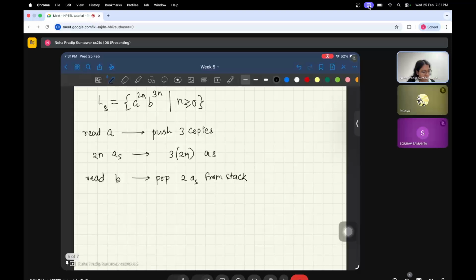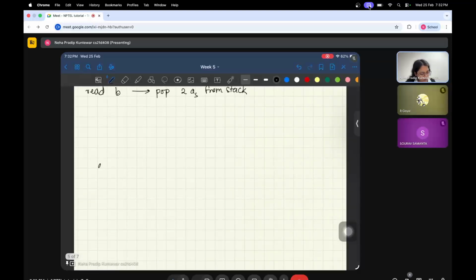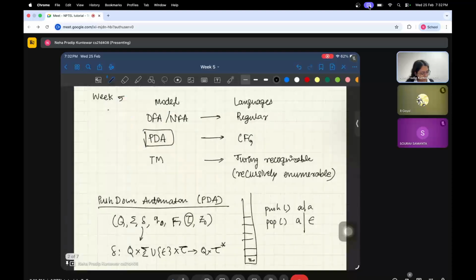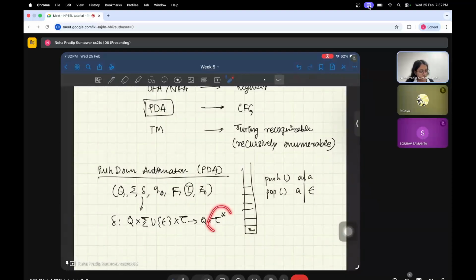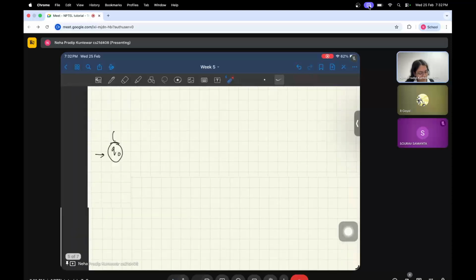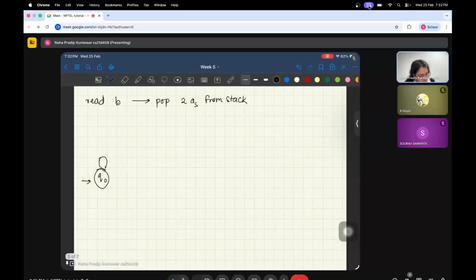So how do we do this? You are at Q0, and if we use this definition, things will become easier for us, if you allow pushing a string instead of a symbol. So you see an A and Z0, then you push three copies.